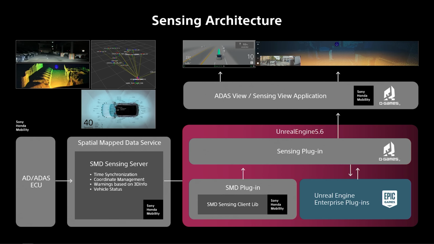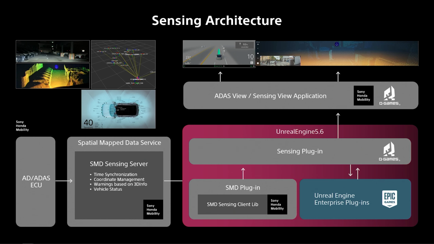It has also become possible to handle sensing data and perceived data from the real world. These data are time synchronized and managed in a coordinate system similar to that used in robotics. These mechanisms allow for the easy integration of perceived data obtained from multiple sensors.